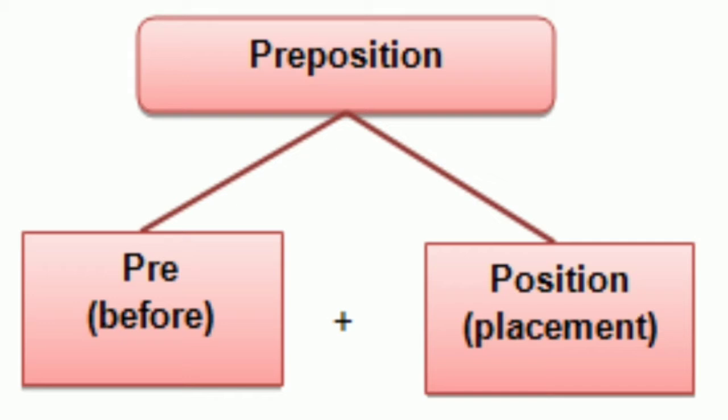In short, the term preposition means a word that is positioned before. But in some cases, such as phrasal verbs, prepositions can be placed after the word, like in spite of, in case of, by means of, etc.